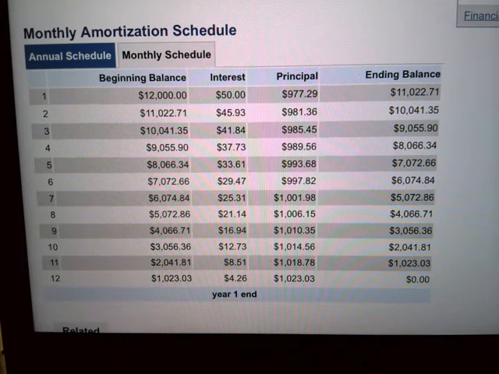Over here, grab your calculator. Okay, ready? I want you to add these two on your calculator. Just add 50 and 977.29. Maybe you can just do it in your head. What do you get? 1,027.29. Okay, add the second two here.